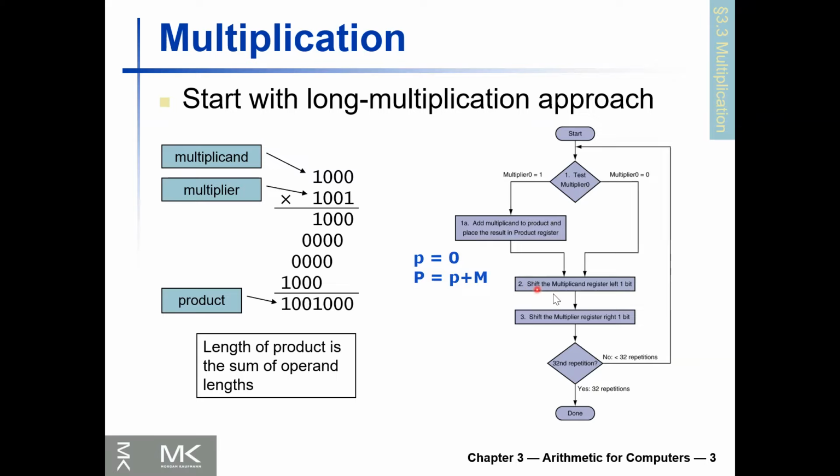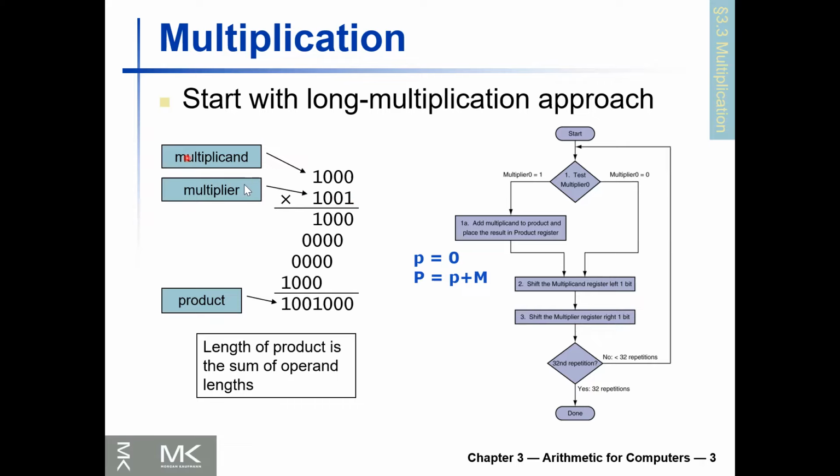Next, we shift the multiplicand left 1 bit. So it is going to be a shift of 1 place. Then we shift the multiplier right 1 bit. Why are we shifting the multiplier?